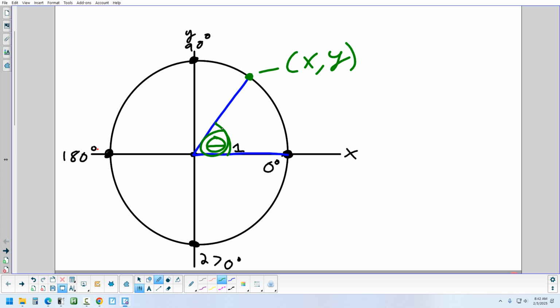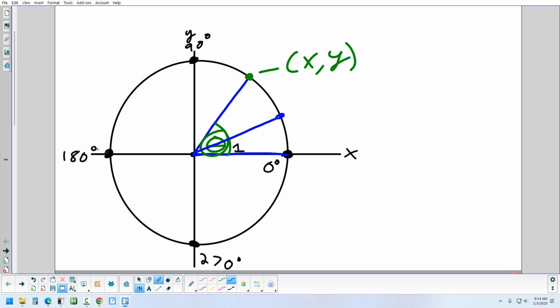Each angle has a unique coordinate between 0 and 360. So if I draw, let's say, a 20-degree angle, something like that, that's going to have a different coordinate than a 50-degree angle because the terminal side is a little bit lower. So every angle between 0 and 360 has a unique coordinate. When you go past 360, then you start repeating.